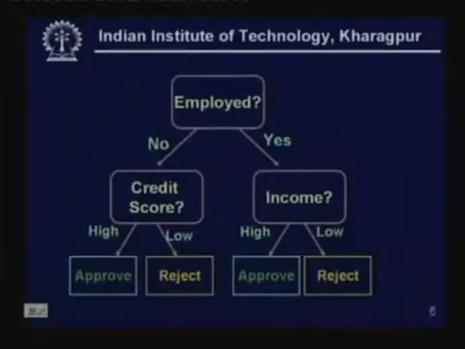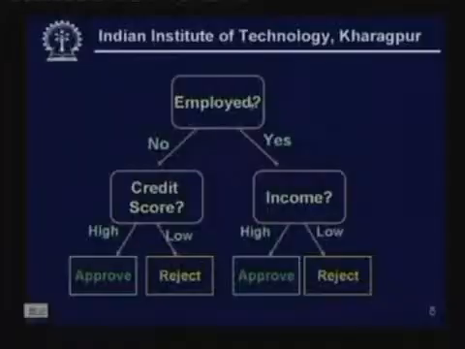So, let us now look at an example of a decision tree. This is a decision tree which has been constructed to decide whether for a particular loan applicant, the loan should be approved or rejected. At the root, the attribute employed is checked. Employed in this case is a Boolean attribute.